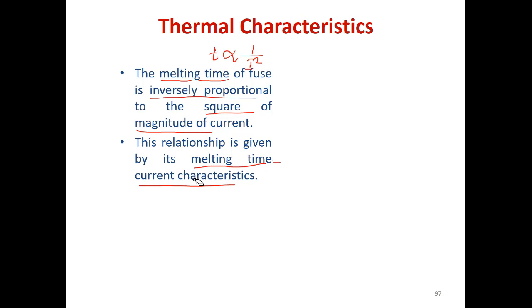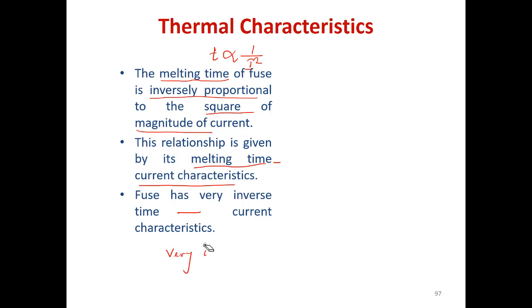Because the melting happens, the name is melting time current characteristics. A fuse has very inverse time current characteristics. In the literature, this is known as very inverse characteristics, which means that the slope is very stiff.